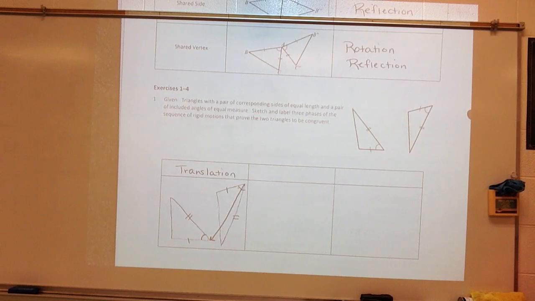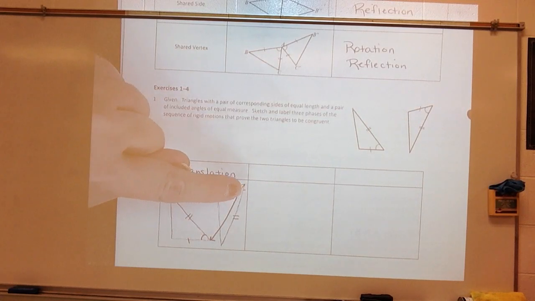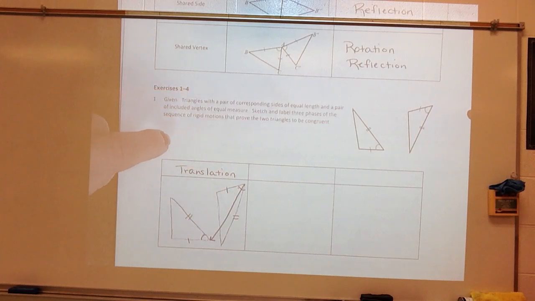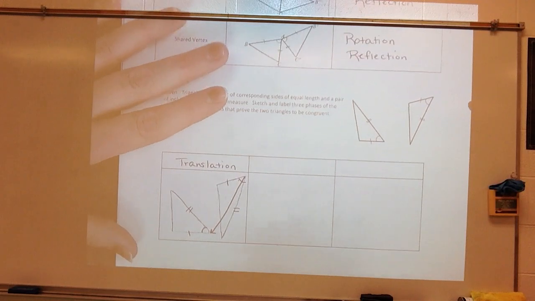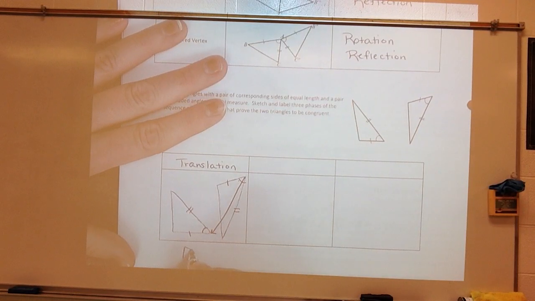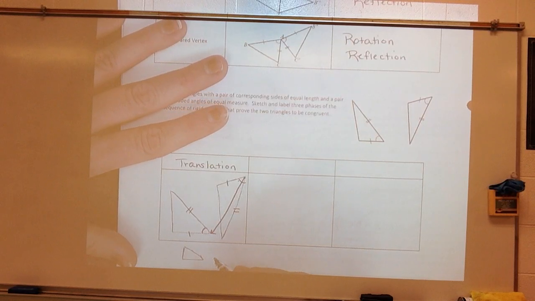It's okay. So I'm going to bring this along this vector. I'm going to slide it down. Once I do that, then I'm going to end up with a figure that looks like this.